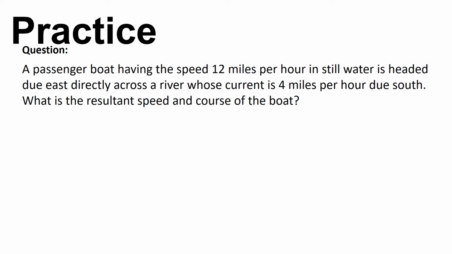So we can assume that the river is flowing from north to south because the river current is due south. So our river is flowing from north to south, and the boat is trying to cross that river.